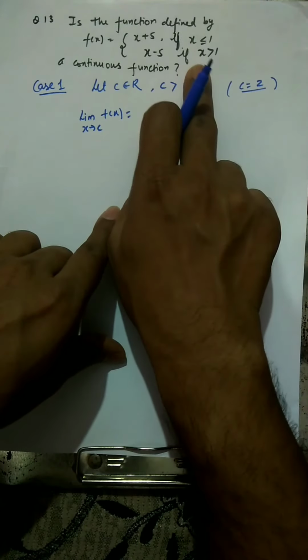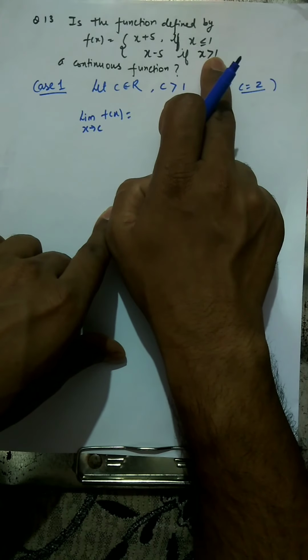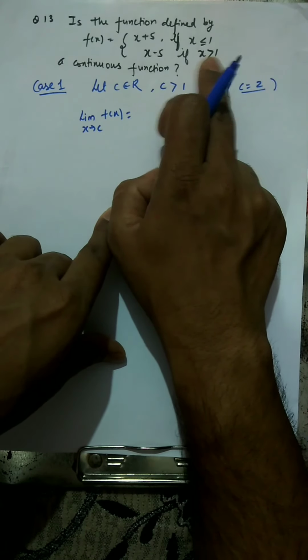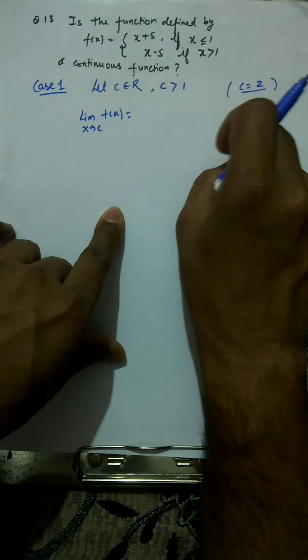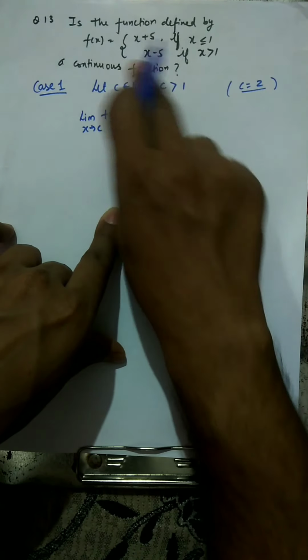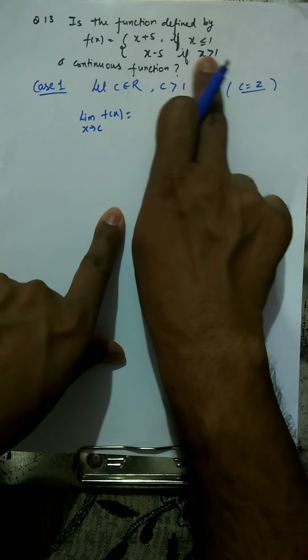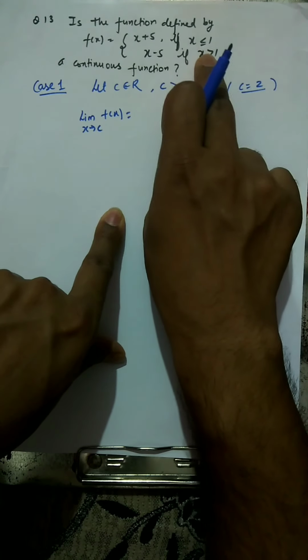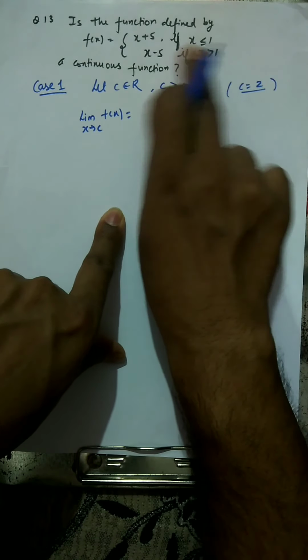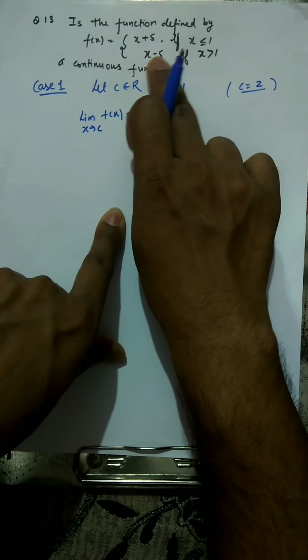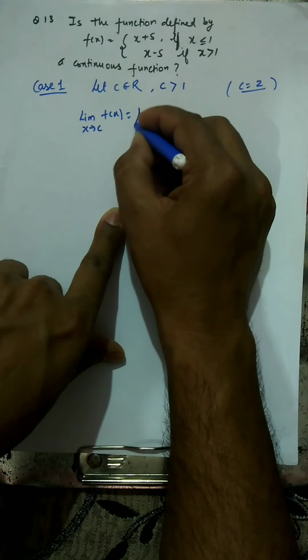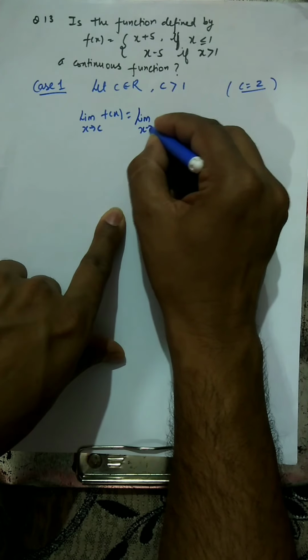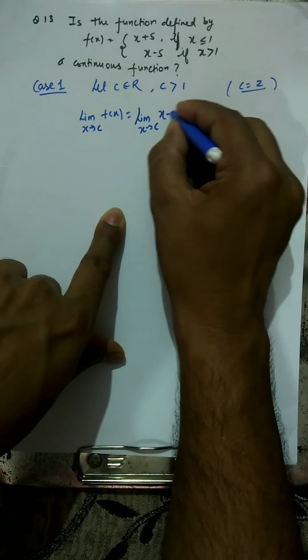So if c is 2, it means it is greater than 1. It means for c equal to 2, your function will be x minus 5, because this is for x greater than 1, and we have c equal to 2 which is already greater than 1. So we are going to choose the function x minus 5. So we'll take the limit x tends to c, and this will be x minus 5.